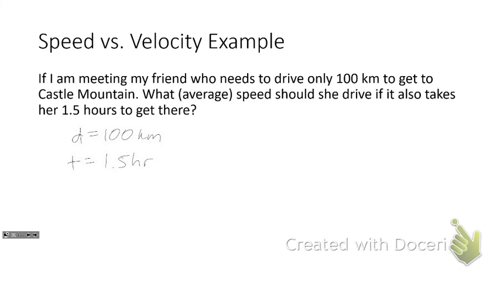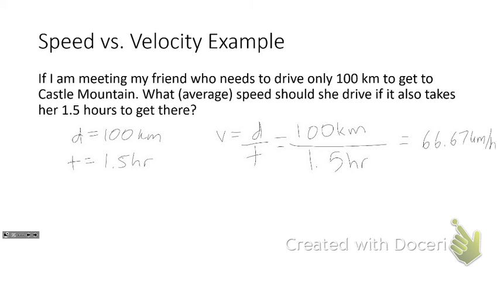So we'll just do v, so speed is equal to distance over time, which is 100 kilometers divided by 1.5 hours. I did mine in meters per second, but 100 divided by 1.5 gives us 66.67 kilometers per hour.